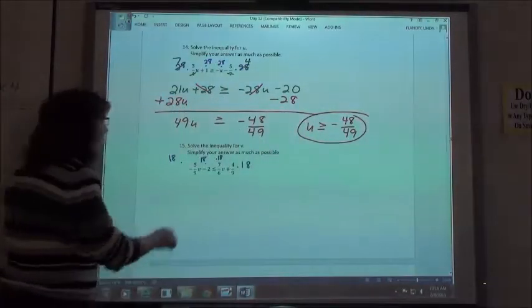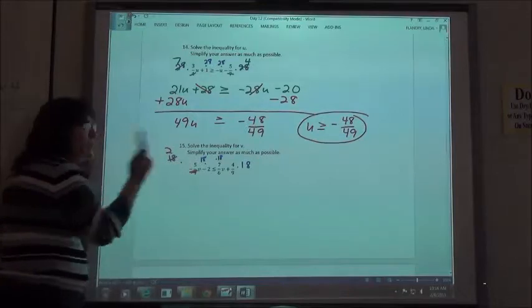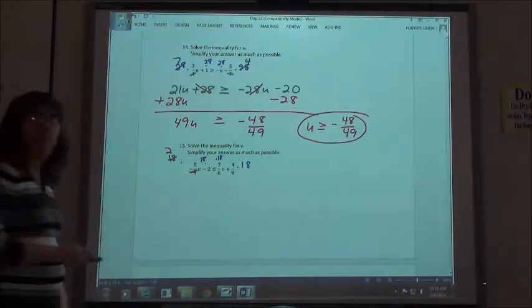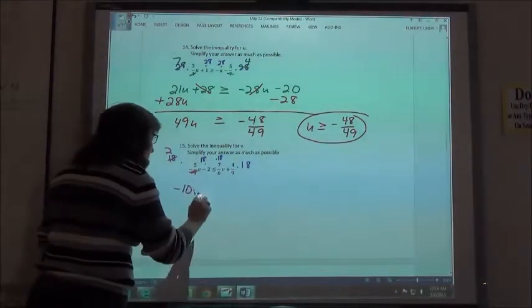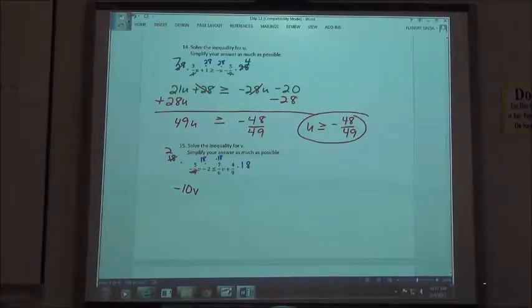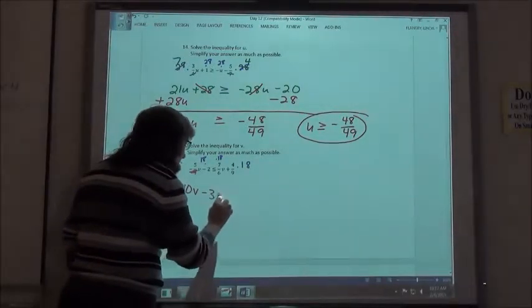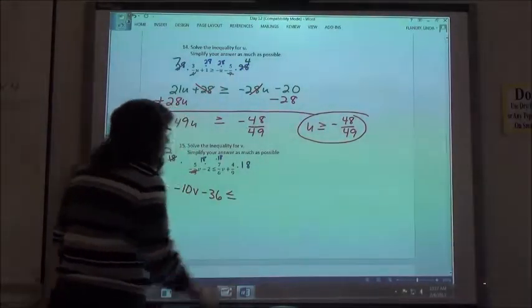So 9 goes into 18 twice. 2 times negative 5v, negative 10v. Here I don't have a fraction, I can't cancel, so I have to take 18 times negative 2, negative 36, is less than or equal to.